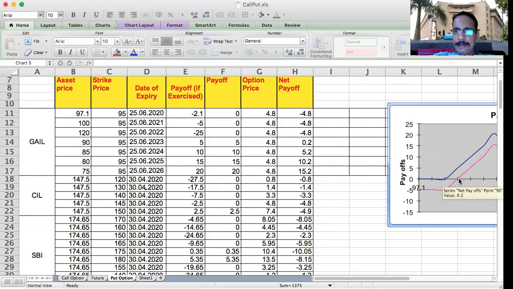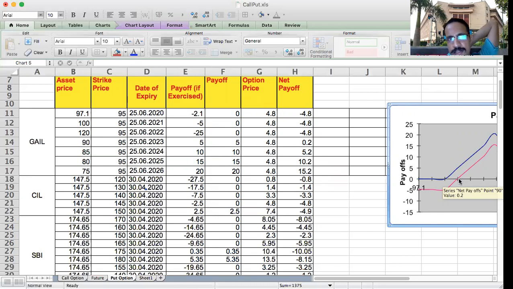So until my asset price falls to 90, because I bought this option at 4.8 at rupees 95.